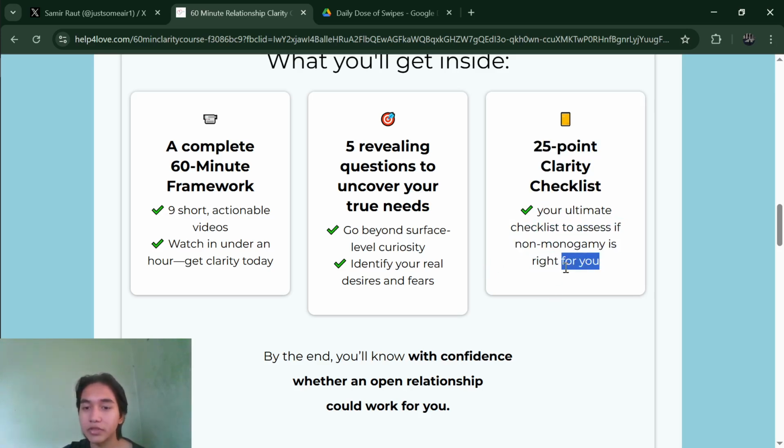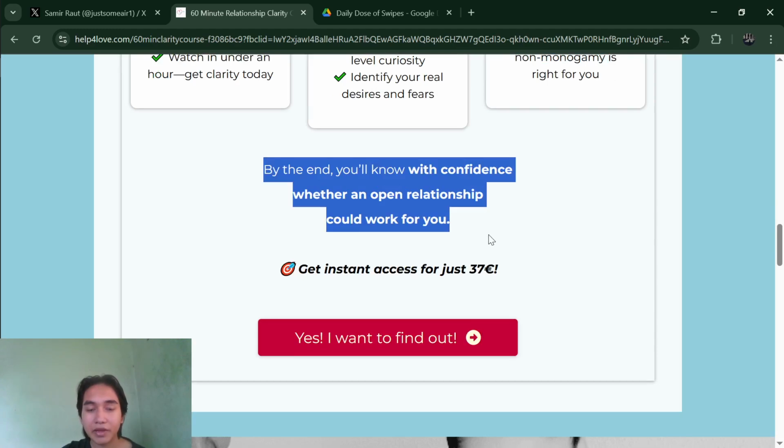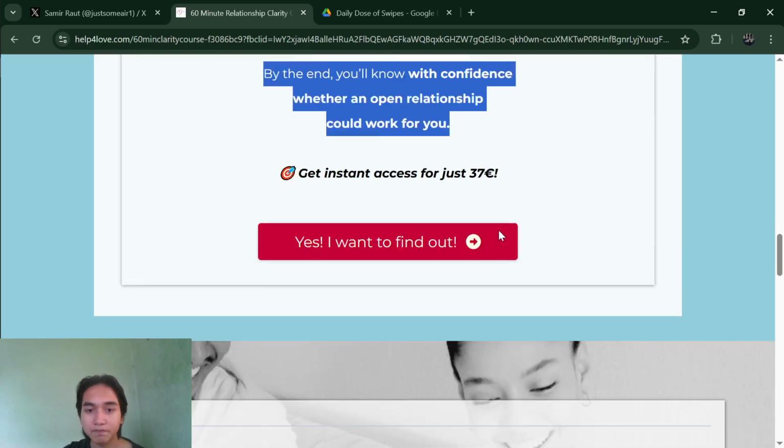Yeah, this has relevance to it. Non-monogamy is right for you. This is the context, right? Why is it not throughout the whole copy? But by the end, you will know with confidence whether an open relationship could work for you.